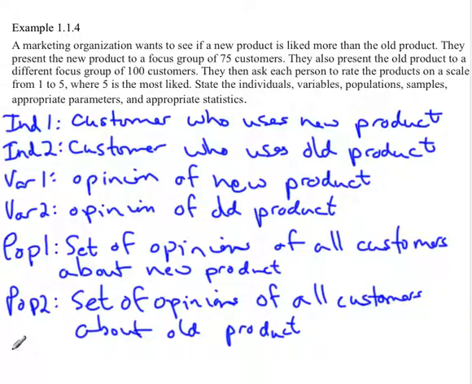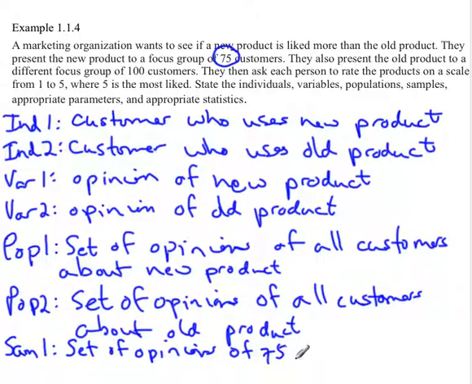All right, now we need to come to the samples. They look exactly like the populations, except instead of being about all, it's about how many they actually measured. We noticed for the new one, there were 75. So this would be the set of opinions of 75 customers about the new product.